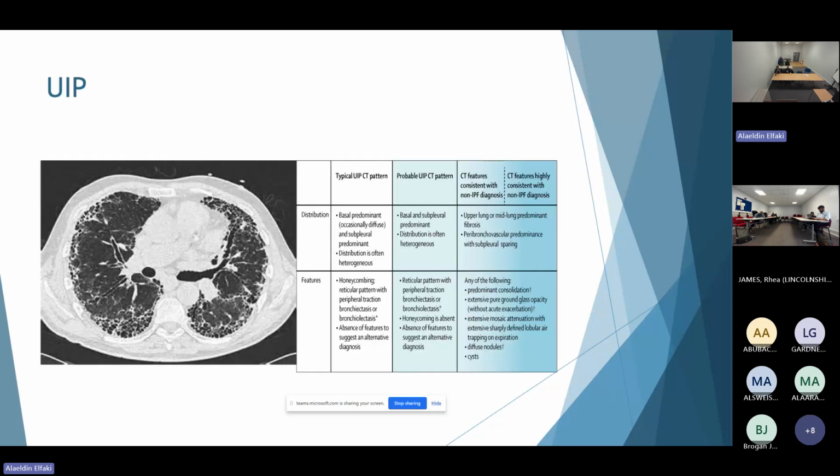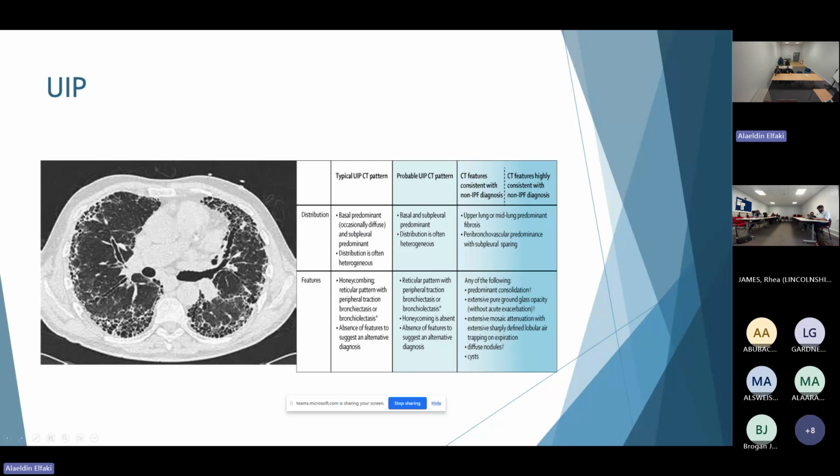So if we see this table, generally when we see lung fibrosis, we need to know whether it is a UIP pattern of lung fibrosis or not a UIP pattern. The typical features of the UIP pattern include a basal predominant subpleural lung fibrosis, and it is heterogeneous.